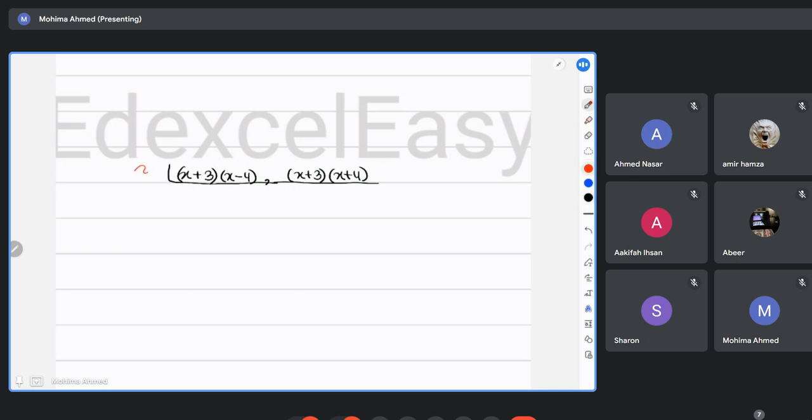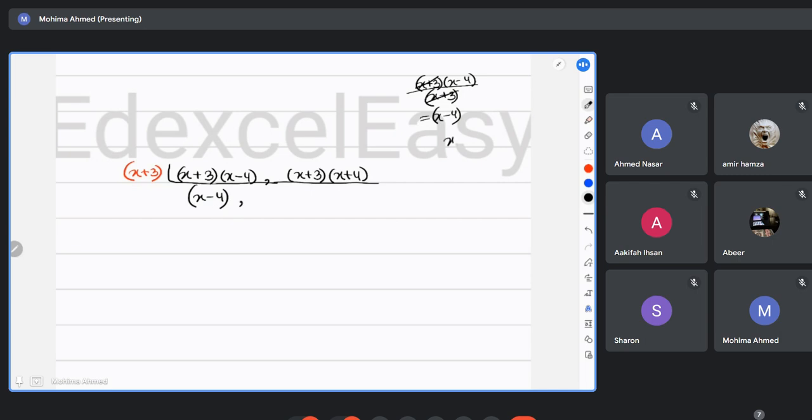So I'm going to take that as a common factor, x plus 3. And what does this common factor indicate? I have to now divide the denominator separately with x plus 3. So this is how it will look, x plus 3, x minus 4 divided by x plus 3. This turns out to be x plus 3 getting cancelled out, and finally you're going to get x minus 4. So we're going to get x minus 4 over here.